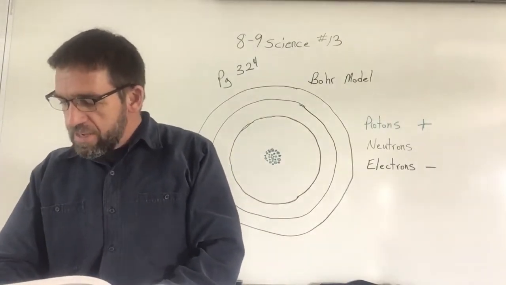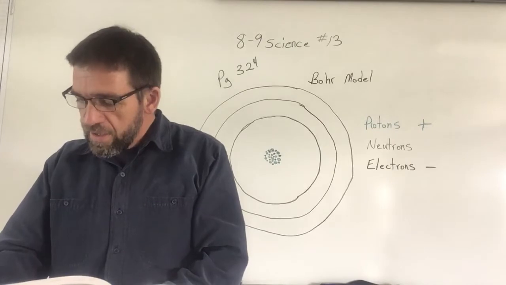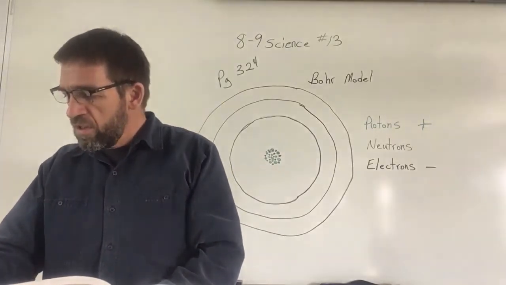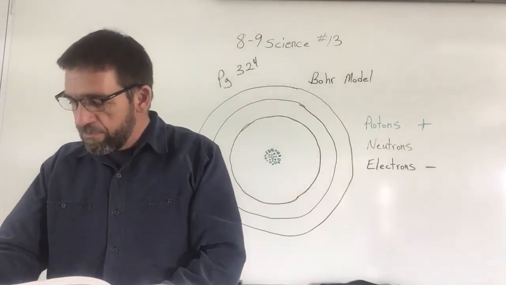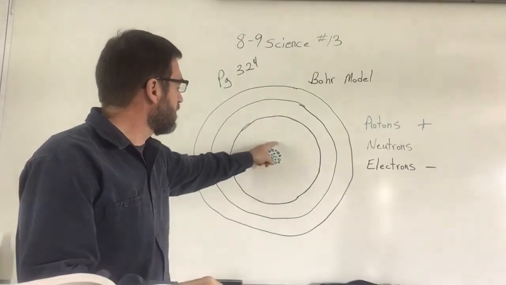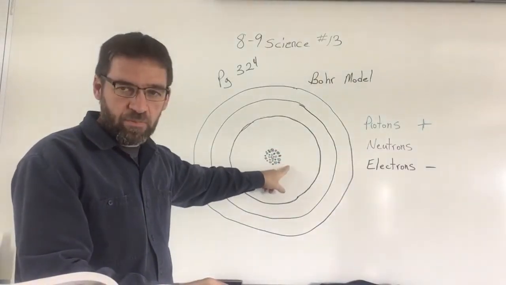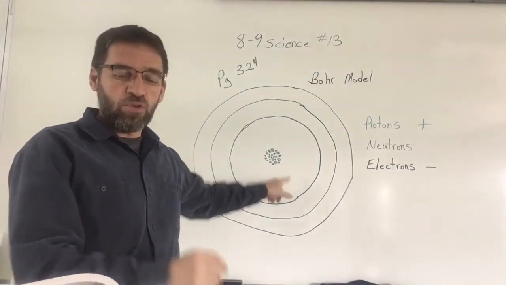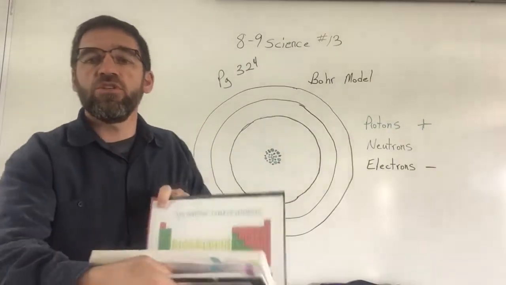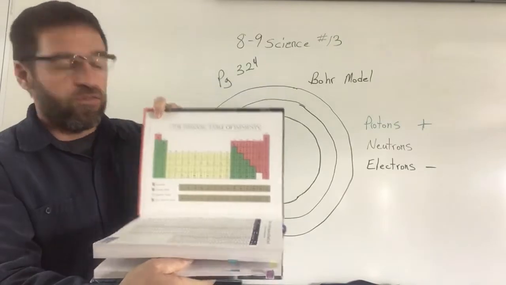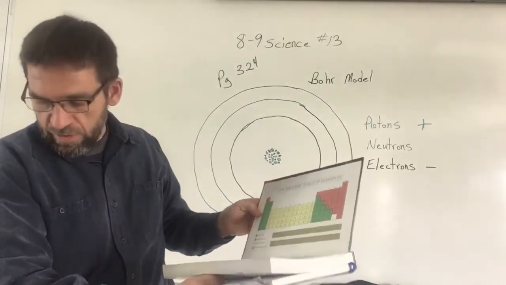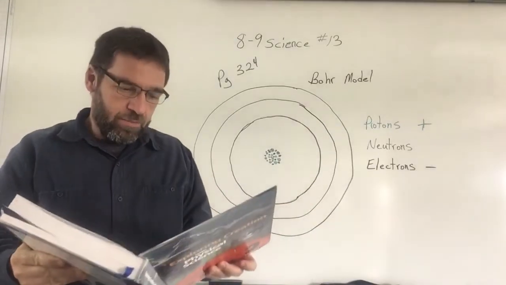D, the mass number. The sum of numbers of neutrons and protons in the nucleus of an atom. Now the mass number, that's the big number. That's all these guys added together. If you are back here doing your chart, which you will need to use for this, you can see the top number is going to be your atomic number.